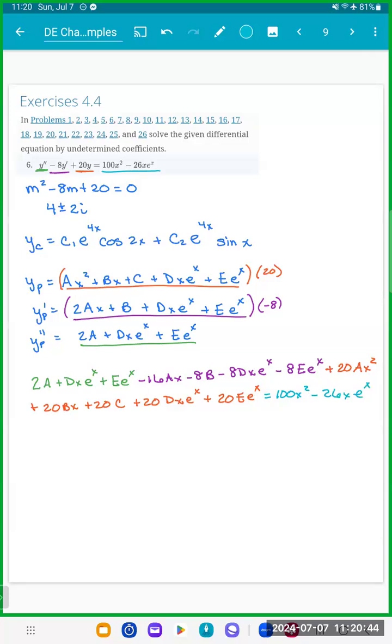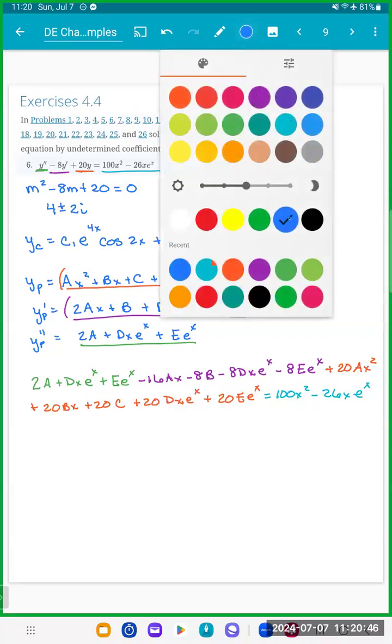All right, we do need to simplify that. We can simplify that a little bit.